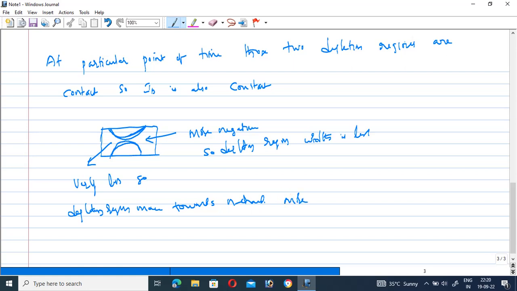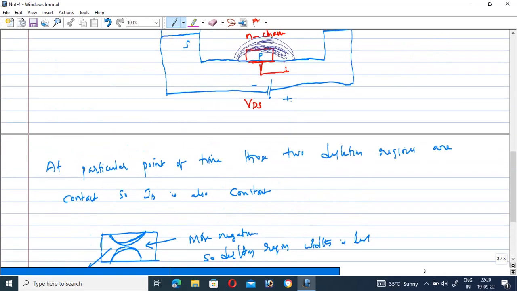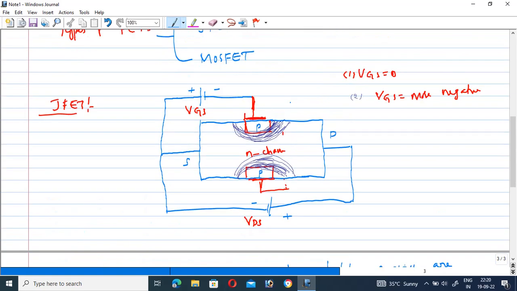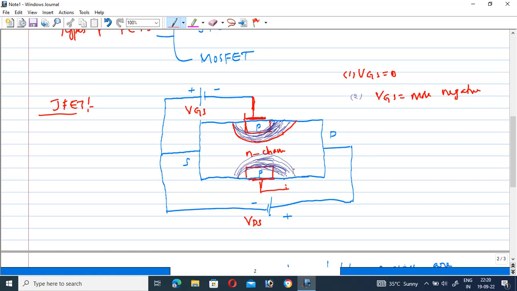We know that generally the depletion region enters into the lightly doped region compared to the highly doped region, right? So that's why the shape of the JFET is like this. So at a particular point of time, these two depletion regions of the junction field effect transistor may touch each other.